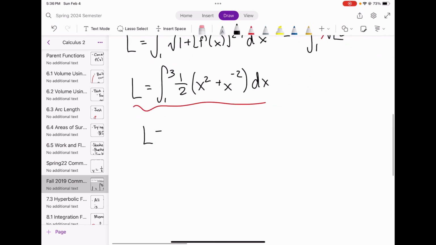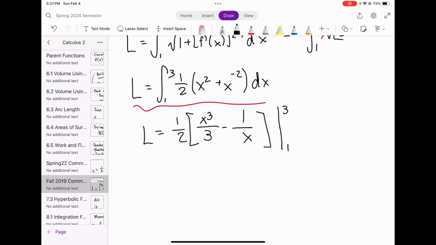So L is equal to, I'm going to pull out the 1/2, x cubed over 3 minus negative 1 over x. Evaluated between 1 and 3.